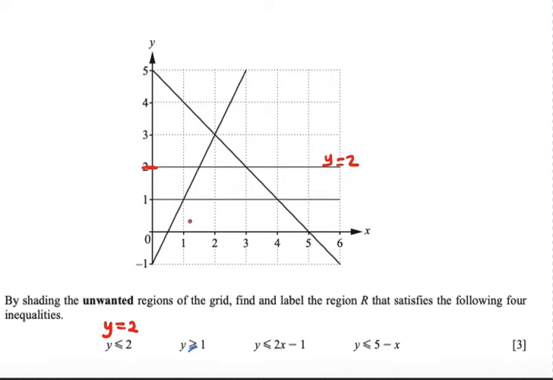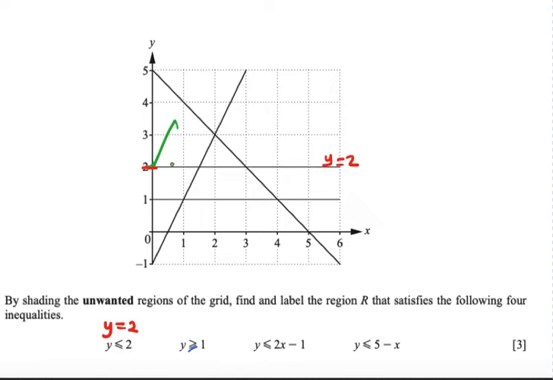Looking at these regions, the line y is equal to 2 has two parts, the upper part and the lower part. The upper part has numbers starting from 3, 4, 5. These are greater than 2. And the lower part has numbers that are less than 2. If we are interested only in the part that has numbers less than 2, automatically we have to shade the part that has numbers greater than 2, and this is the part.